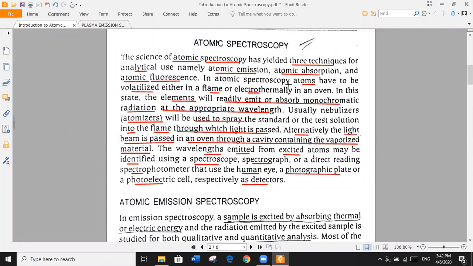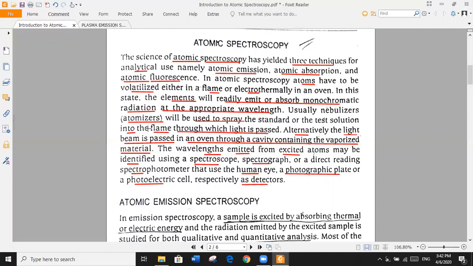In atomic spectroscopy, atoms have to be volatilized either in a flame or electrothermally in an oven. In this state, the elements will readily emit or absorb monochromatic radiation at the appropriate wavelength.